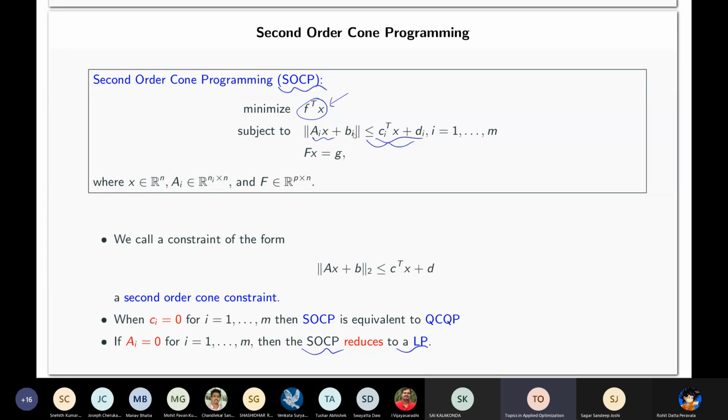It's just a constant, the norm of b, which is a constant. And this is affine again, so this remains linear. So second order is the most general. Now we see SOCP includes QCQP, which includes QP, which includes LP. So this is the general trend that we are looking at.